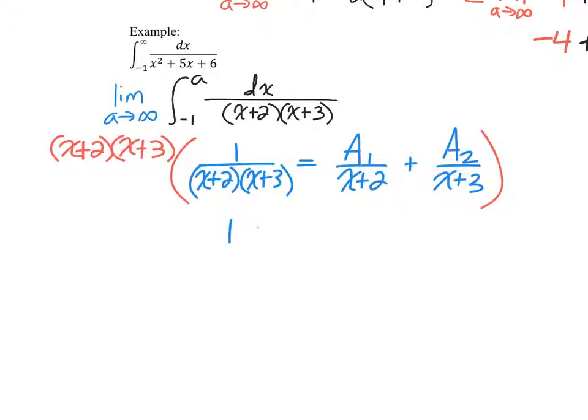So 1 equals a sub 1 times x plus 3 plus a sub 2 times x plus 2. Cleaning it up.